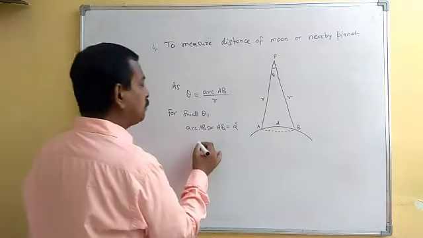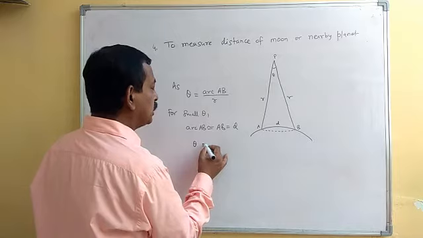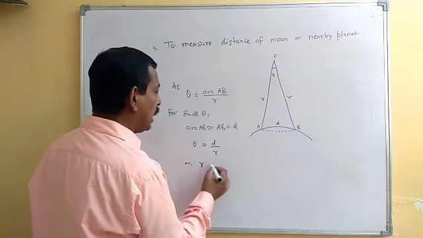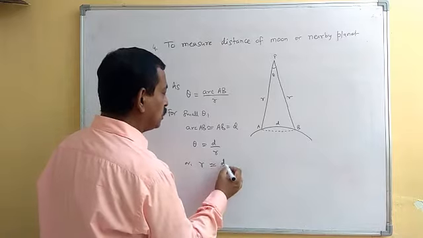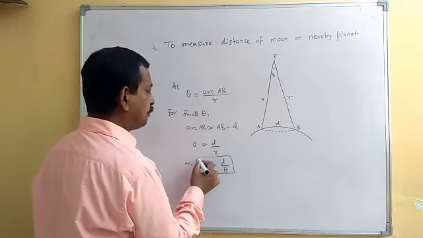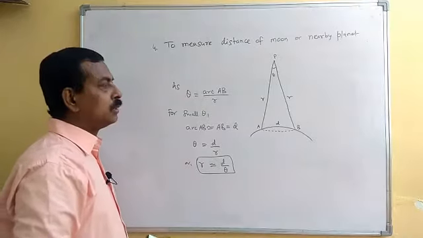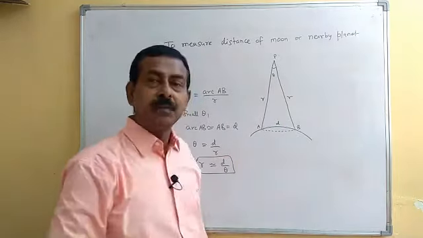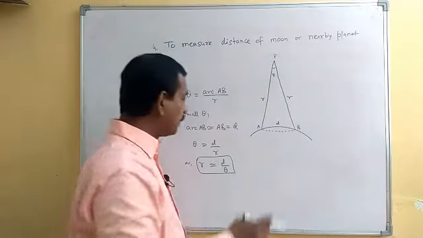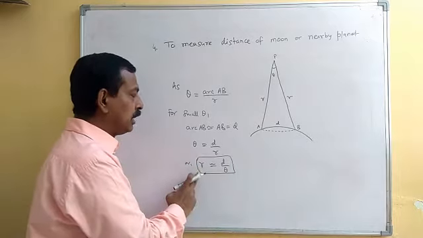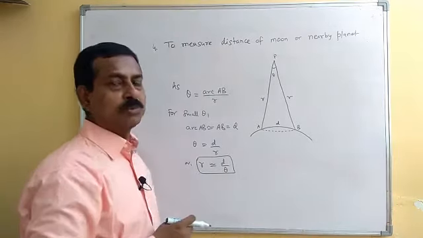So this time theta will be nearly equal to d by r, or r is nearly equal to d by theta. So d is the distance between the points A and B from where we have taken measurement, and theta is the angle subtended. So substituting in the formula, we can get the value of the distance r.